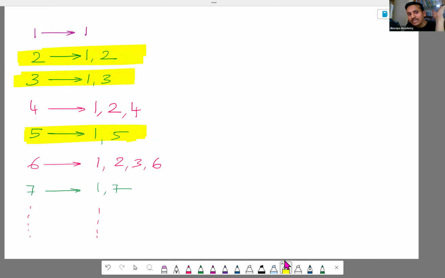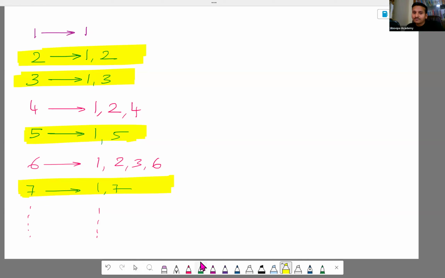If you look at number 7, exactly 2 factors. So those numbers which have got exactly 2 factors are called prime numbers. If somebody asks you what is a prime number, please give this definition.